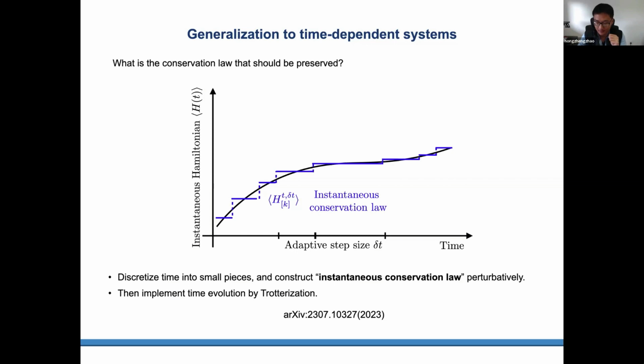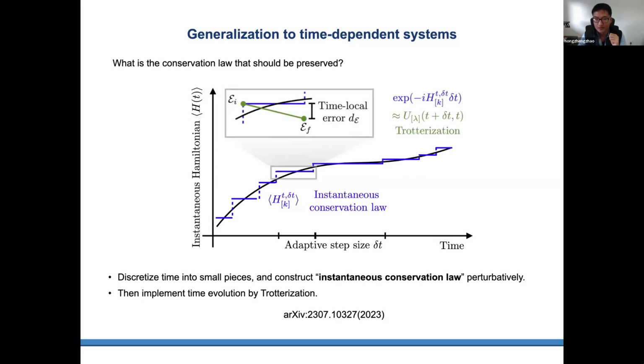Then for a smaller step size, I know the expectation value of this instantaneous conservation law should remain preserved, but now I can characterize the dynamics, get the error, and then bound the errors in this instantaneous conservation law.